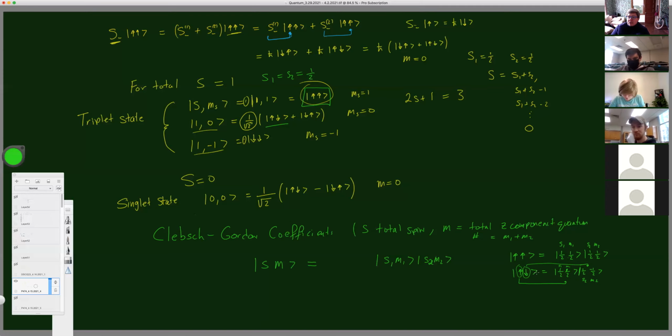And the M values for a spin 1 particle are not just 1/2 and -1/2. Can anyone tell me what they are? So just for an example, a spin 1 particle. That means S equals 1. What can M be?